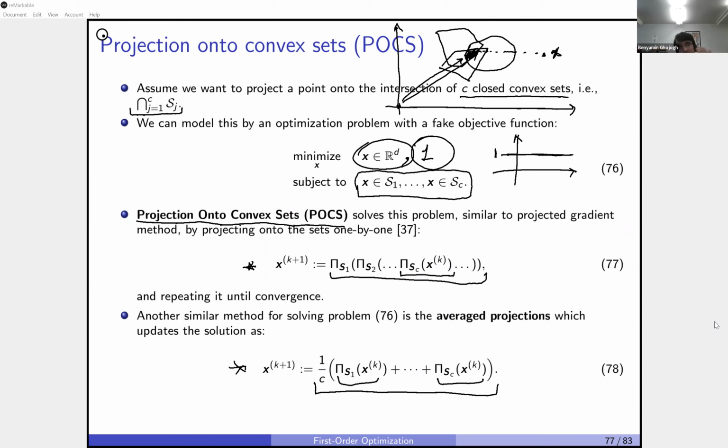But when you are saying minimize a completely fake function such as 1, then you don't care about the length of x anymore. You find an x which is in the intersection. So this is an interesting thing because it's not an optimization problem, but you are using optimization algorithms in order to solve the projection problem, which is not an optimization problem. Any question?